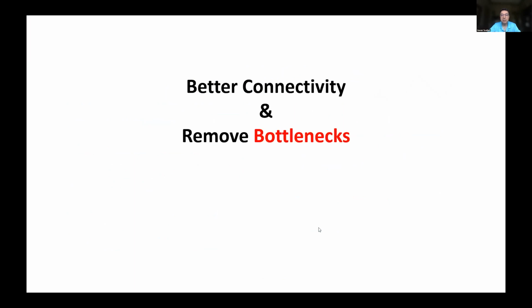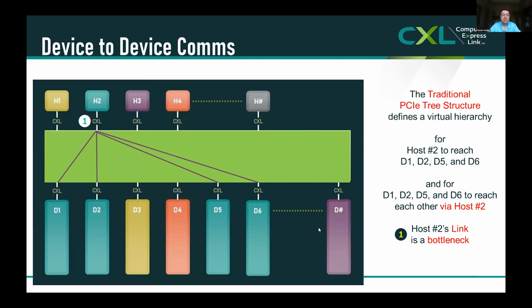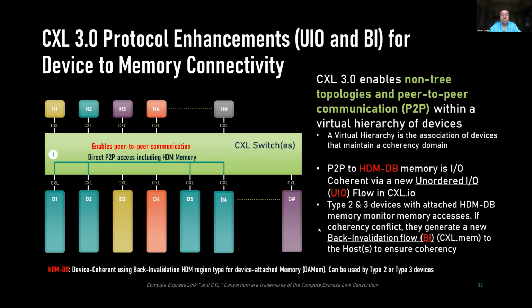So removing the bottlenecks has been a key element for CXL. For example, with PCIe, if a device through a switch wants to communicate with another device, it has to go through its host, up the tree and then back down the tree. That creates a choke point for the host or that CPU. With CXL, we can have a peer-to-peer interconnect between devices through switches to remove the bottleneck that was there with CXL 2.0 or PCIe.